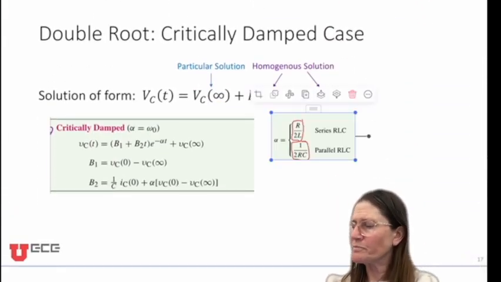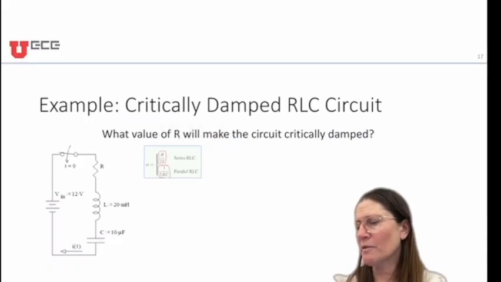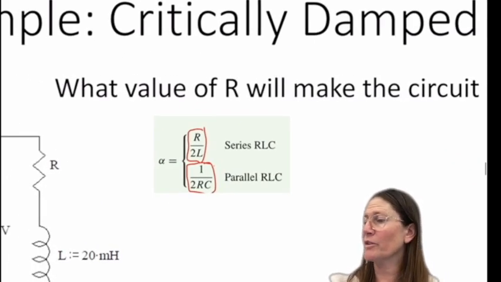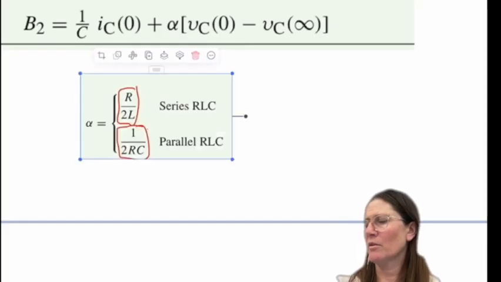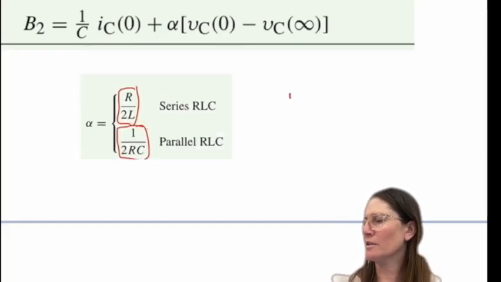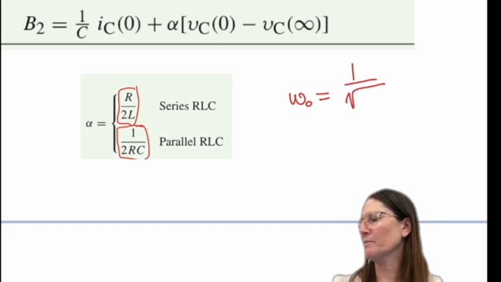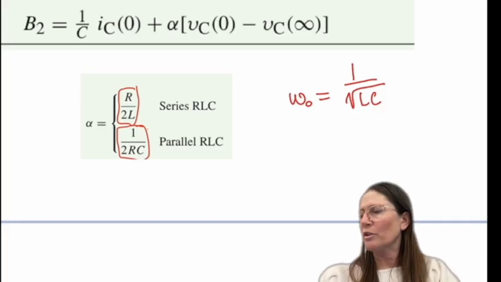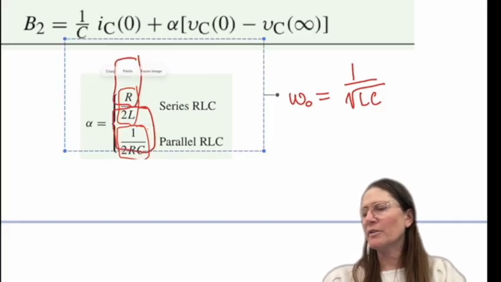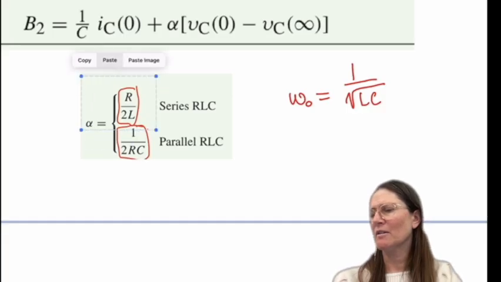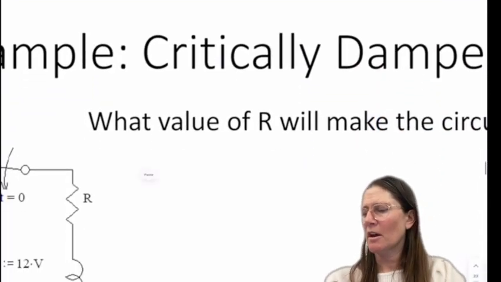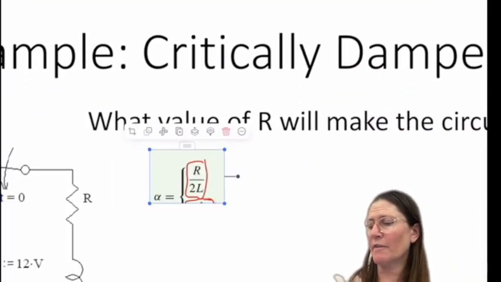For this particular one, we're in series. Omega naught is always 1 over the square root of LC. This one we identified was series, so alpha is going to be R over 2L, and that R is what we have to figure out.